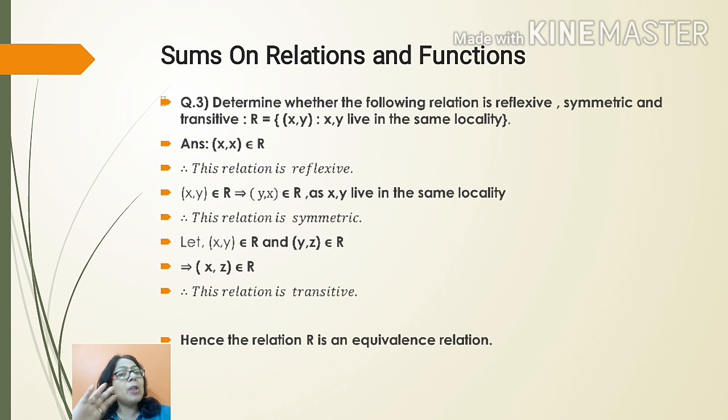Now (x, y) belongs to R, both are in the same locality, so obviously (y, x) also belongs to the relation. So this is symmetric. Next, if we consider three terms x, y, z, and x and y both belong to the same locality, meaning they belong to the relation, then (y, z) also belongs to the relation. So from here we can imply that (x, z) also belongs to the relation. Hence this relation R is an equivalence relation.